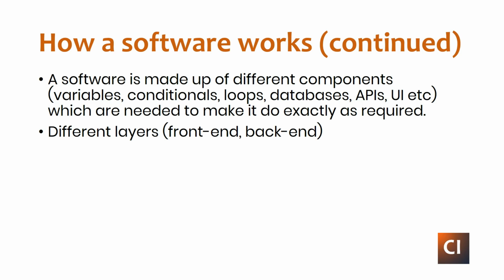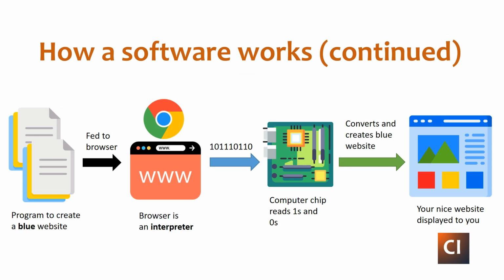Usually things like database manipulations and all those things are happening at the back end. We'll talk more about all these components in the course of this lesson. So don't worry, just stay tuned to the end, and by the end of this lesson, you'll know what variables, conditions, loops, databases, APIs, UIs are, you understand what all of them are.